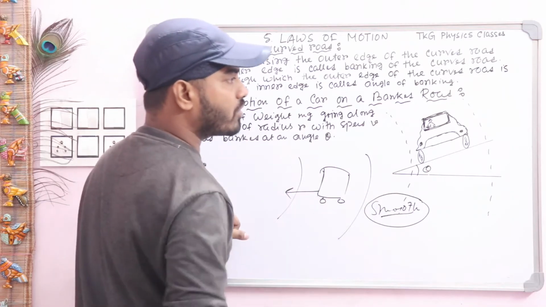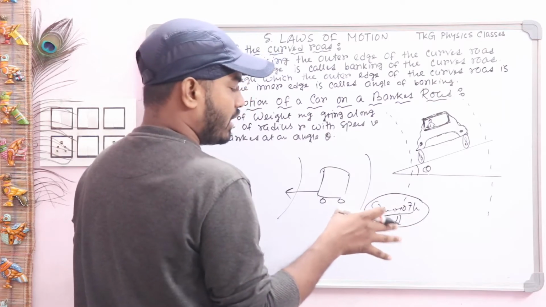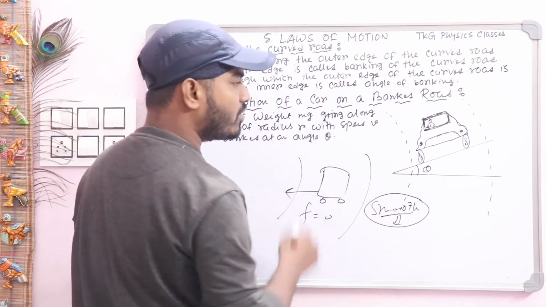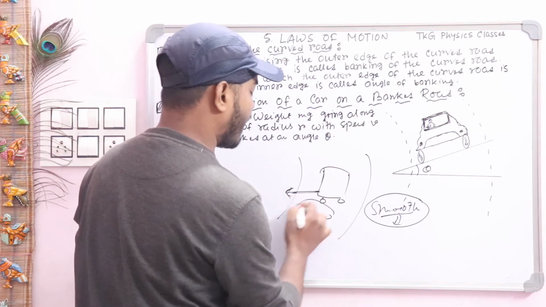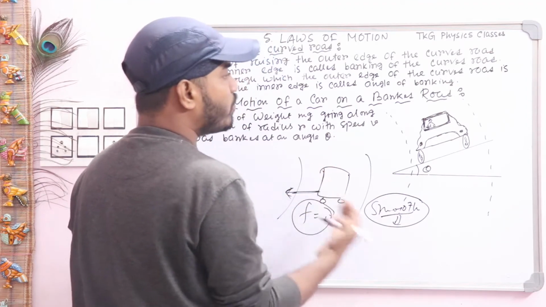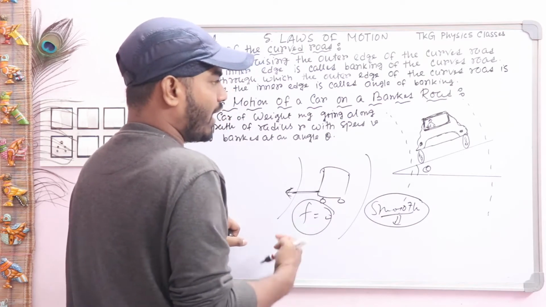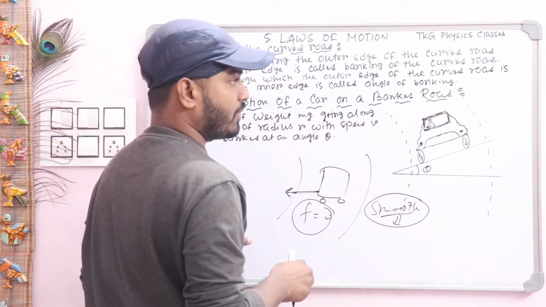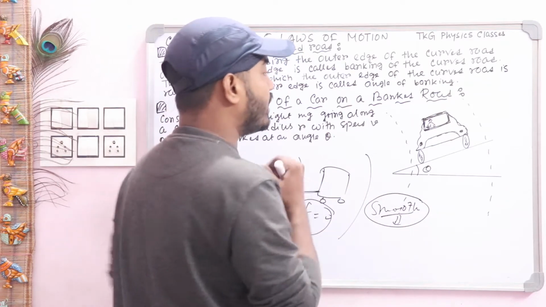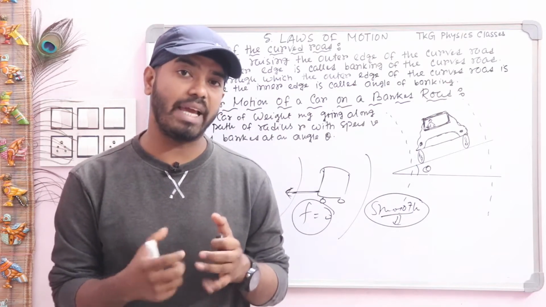Why no inward force? Because the road is smooth, the force of friction F is equal to 0. So this force of friction cannot provide the centripetal force. It cannot equal this outward centrifugal force. That's why we require the banking of road.